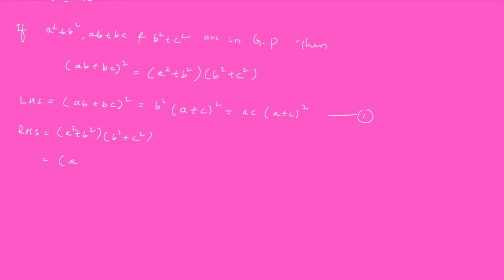Here a square as it is, b square we know is ac, plus c square. By taking a common, we get inside a plus c, and c common, a plus c. So ac is common, into (a plus c) whole square, right? Take it as equation 2.